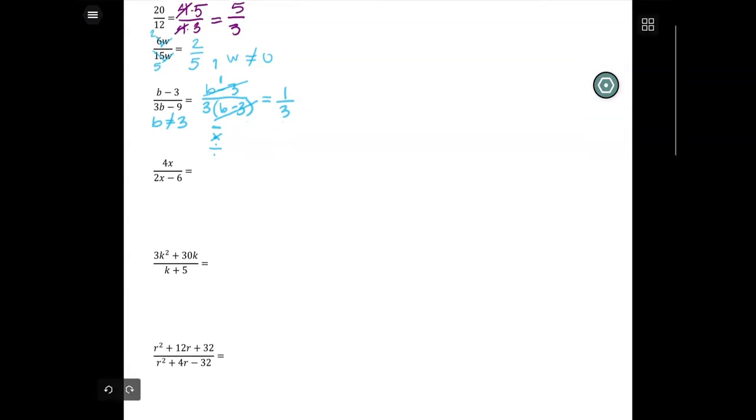Okay, so similarly for 4x over 2x minus 6, the top is already a product, right? So what we're looking at here is, again, it's tempting to try and cancel out 2's and x's, but you can't do it because the order would be we do the multiplication on the top and the bottom, then we would do the subtraction, then we would do the division.